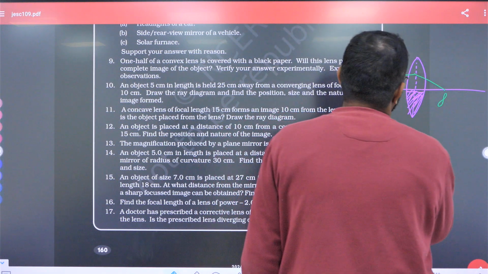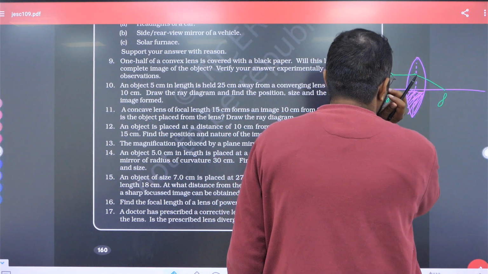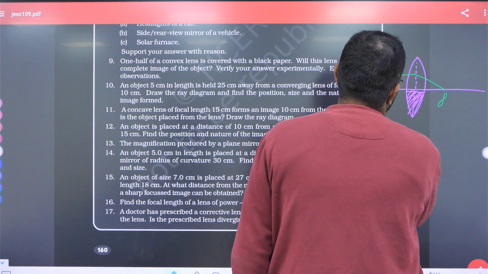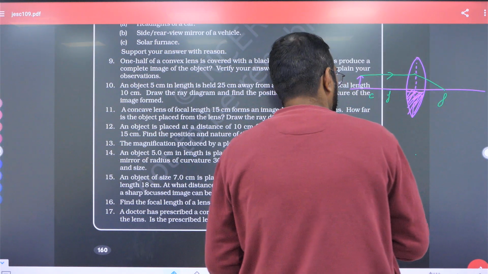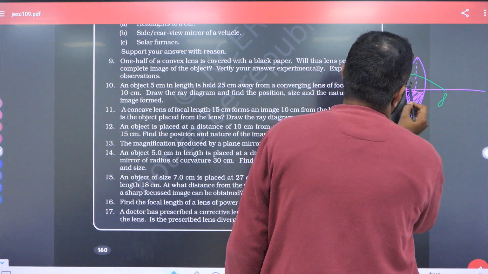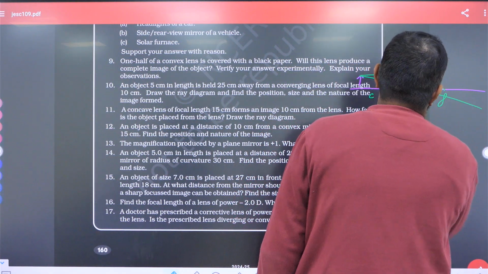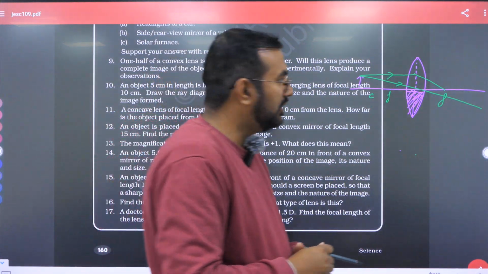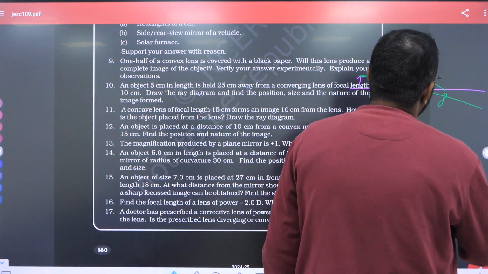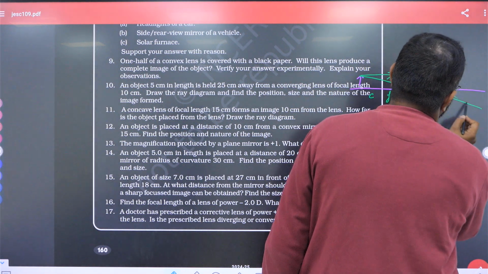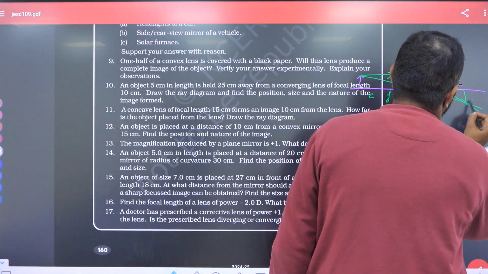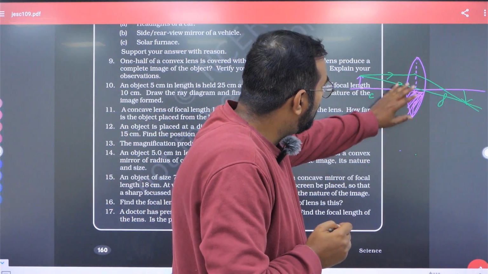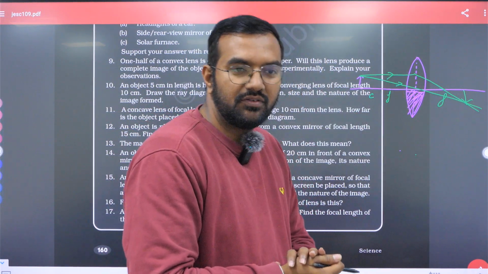And suppose you pass another ray at the optical center, so it will go without any deviation, deflection. So you can see that the image will be formed here, right, beta? Yes. This will be your image. So this part does not affect the formation of the image.